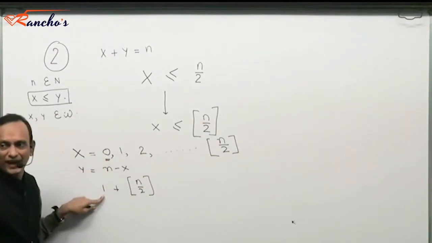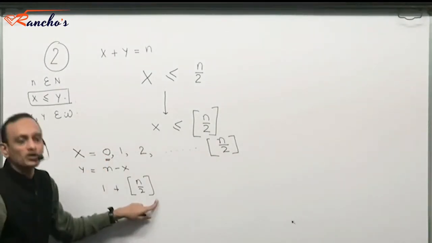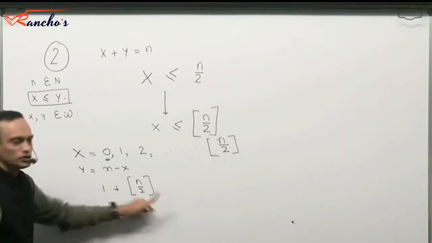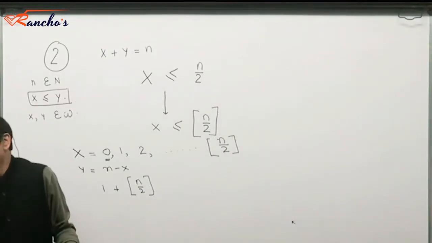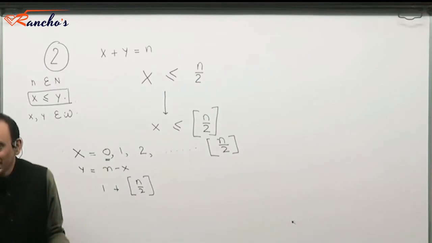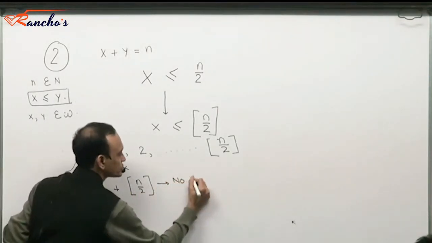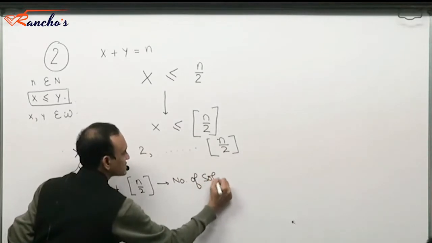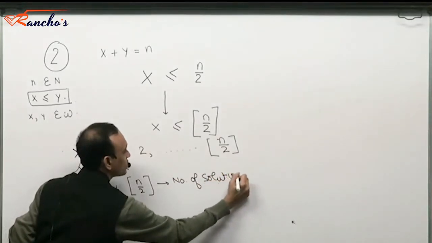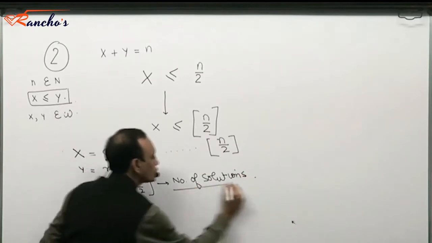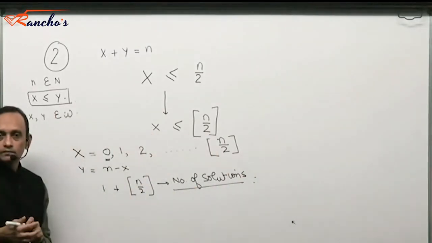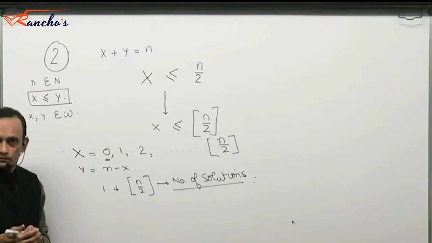So how many permissible values of x? 1 plus box of n by 2. These many values of x, and therefore these many solutions. These would be the number of solutions for x less than or equal to y: 1 plus box of n by 2. Sounds good?